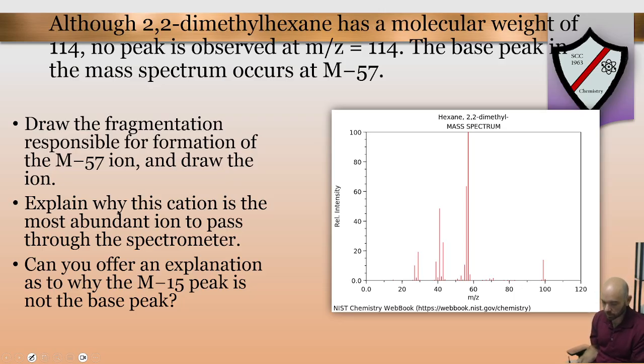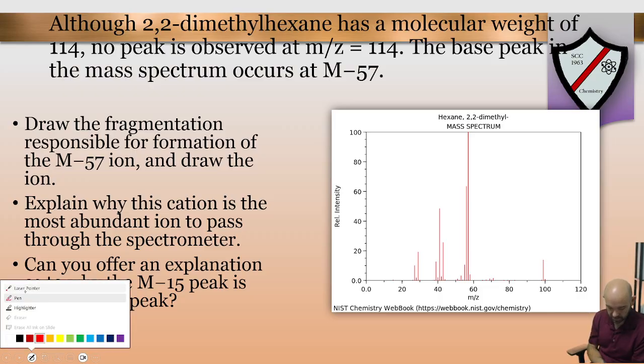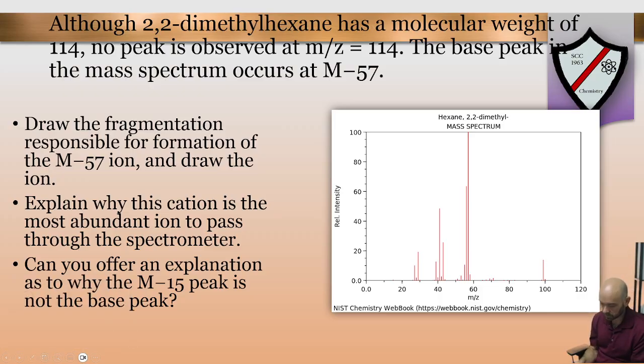So we'll look at the spectrum of 2,2-dimethylhexane, and we'll consider its structure. There's hexane, carbons 2, 4, 6, and 2,2-dimethyl would put methyl groups on the number 2 carbon, and that would be the structure for 2,2-dimethylhexane.